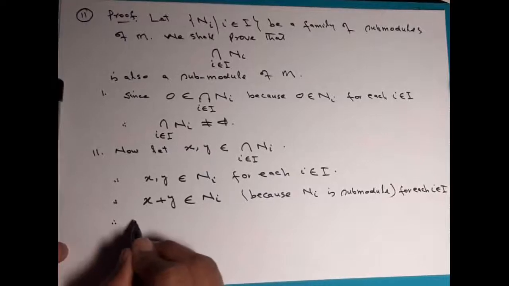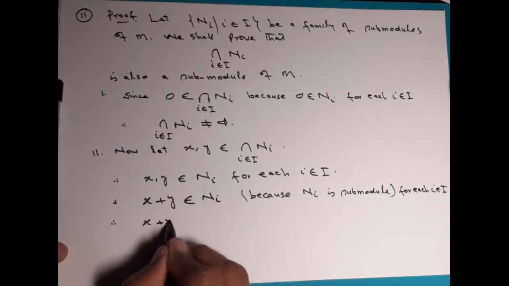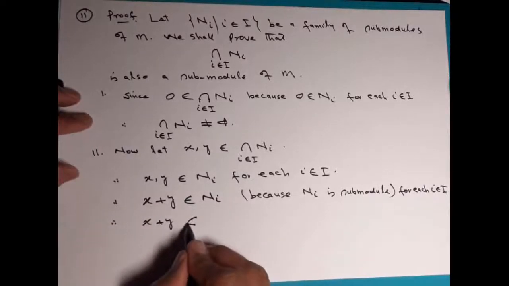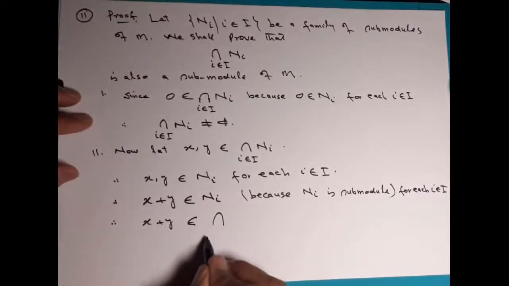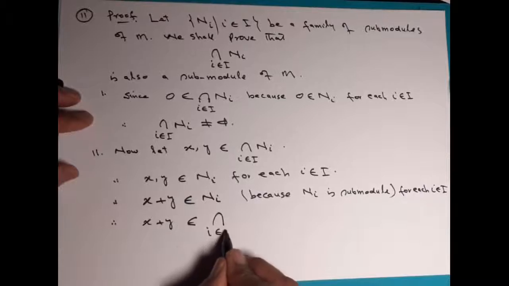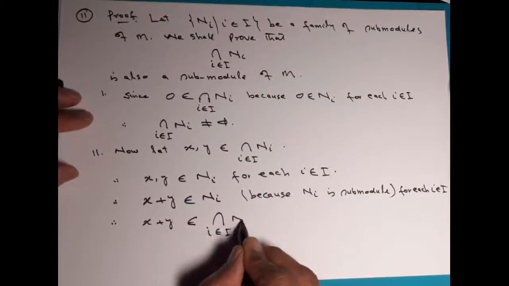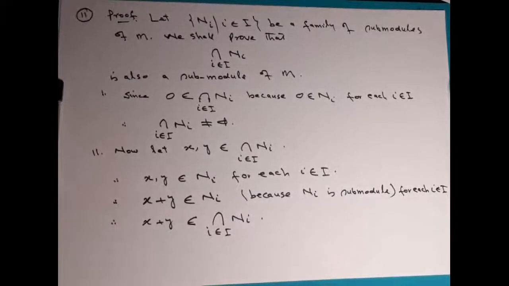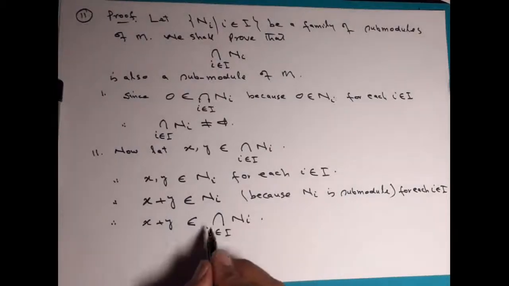And therefore, since x plus y belongs to each Ni, x plus y belongs to the intersection of all these Ni, i belonging to I. So the second condition is satisfied, that the intersection is closed under addition.